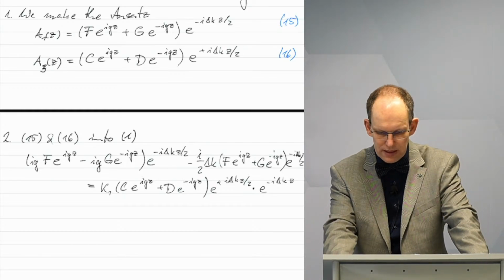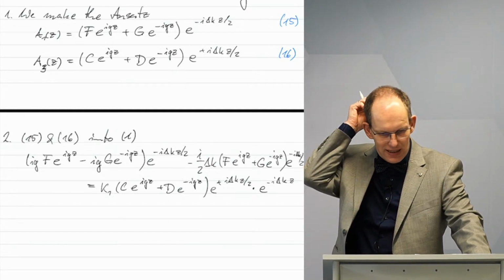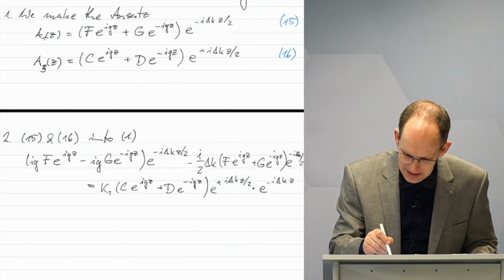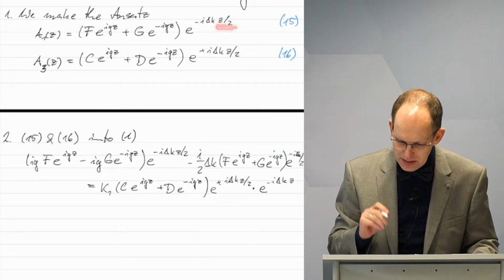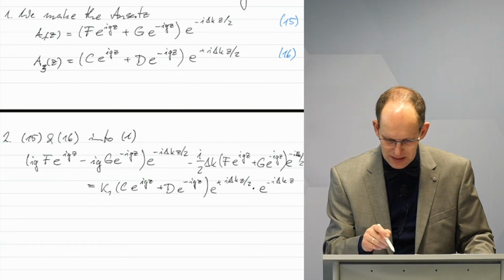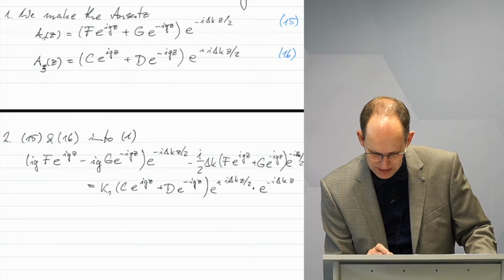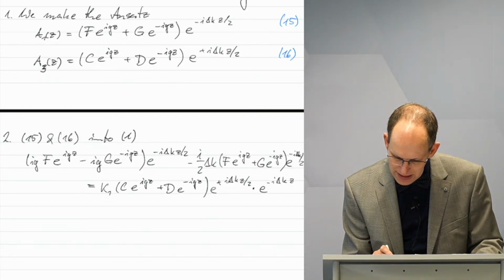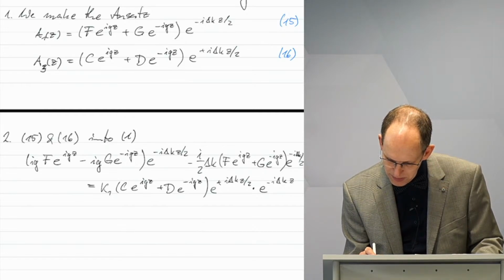Here you see why, in the Ansatz, it was a little bit surprising that we have z over 2. But now you see why we did this. Because on the left-hand side, we have minus i delta k z over 2, and here we have plus.